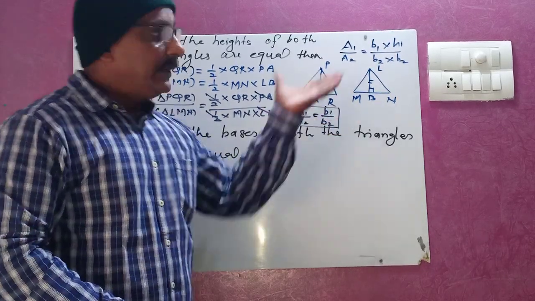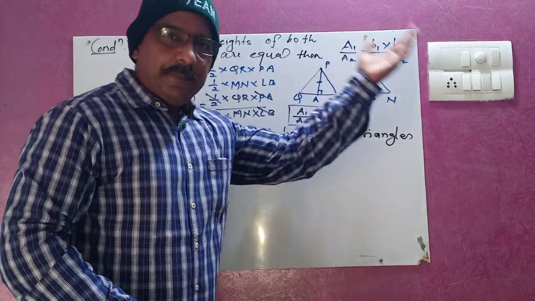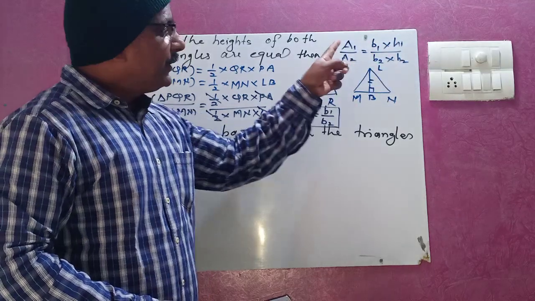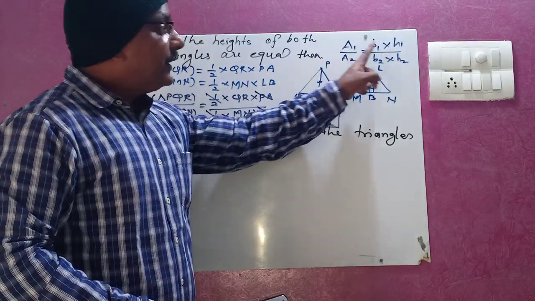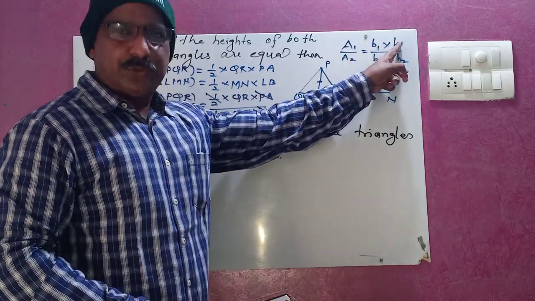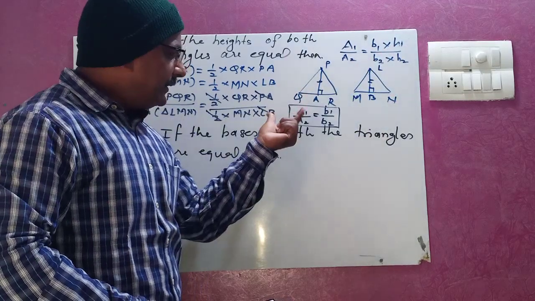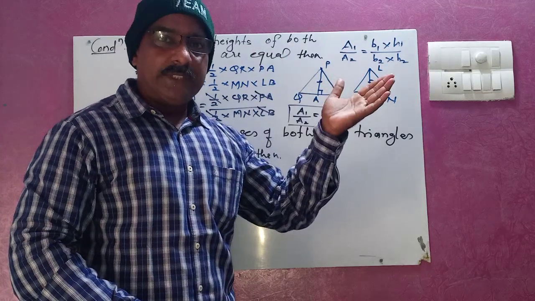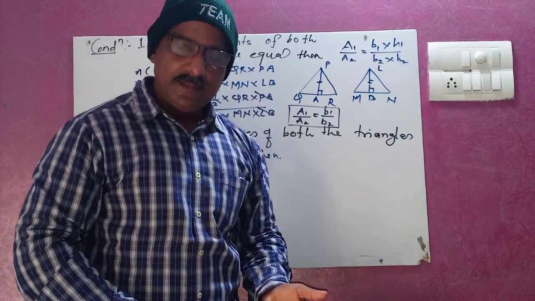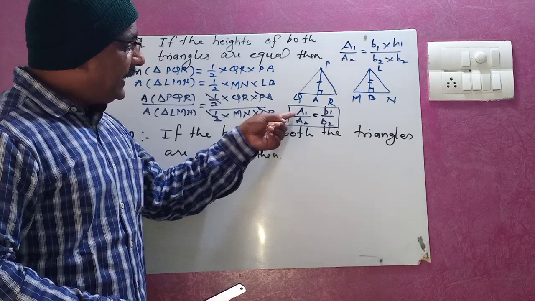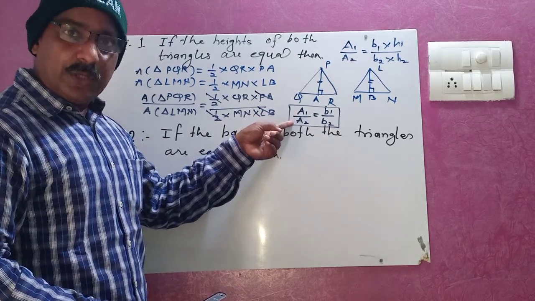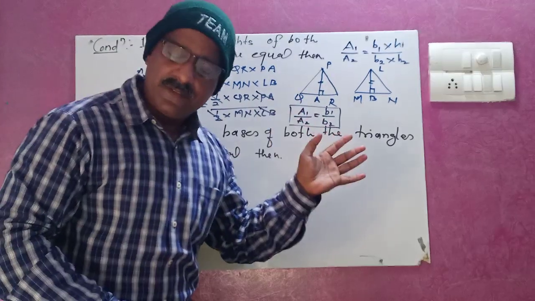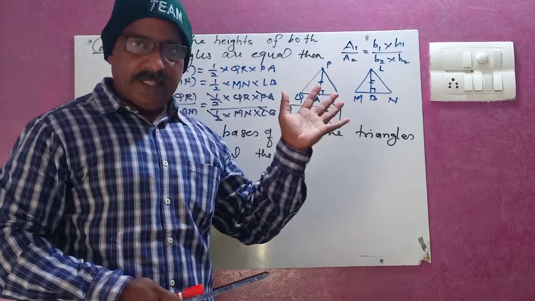It's very simple. Here neither base is the same nor height is the same. That is why you got the ratio of the areas as the ratio of the product of base and height. But in condition number 1, I said that the heights of both the similar triangles are equal. Therefore, the ratio of the areas is equal to the ratio of the corresponding bases. I hope, children, it is clear.